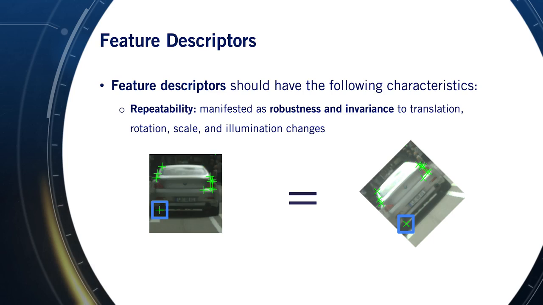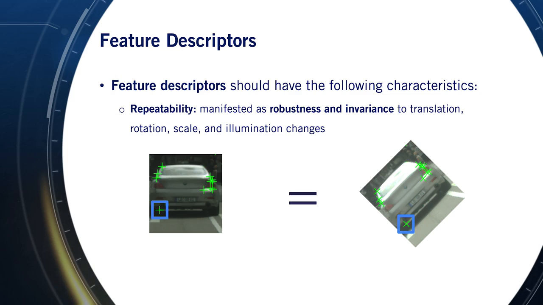Similar to the design of feature detectors, we also have some favorable characteristics required for the design of descriptors to allow for robust feature matching. As with feature detectors, descriptors should be repeatable. That means that regardless of shifts in position, scale, and illumination, the same point of interest in two images should have approximately the same descriptor.